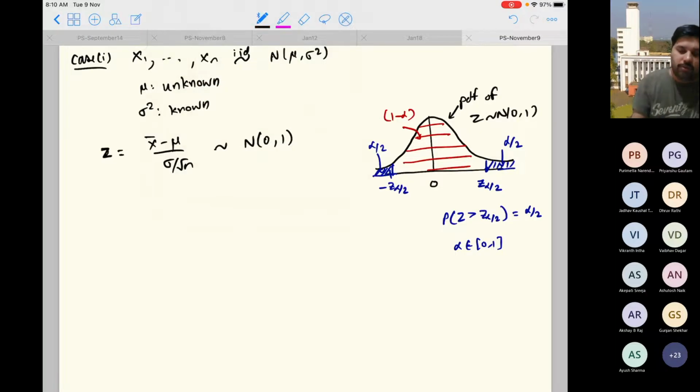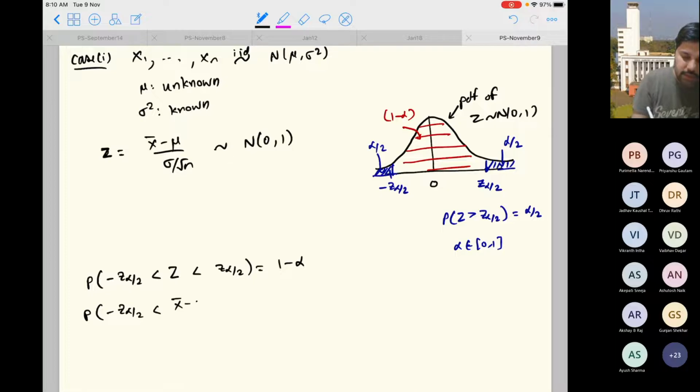And then we wrote a probability statement yesterday. What was the probability statement? The probability that the random variable capital Z takes values between minus z alpha by 2 and z alpha by 2 is 1 minus alpha. This is the same as the probability that minus z alpha by 2 is less than x bar minus mu divided by sigma by root n, which is less than z alpha by 2, equals 1 minus alpha.